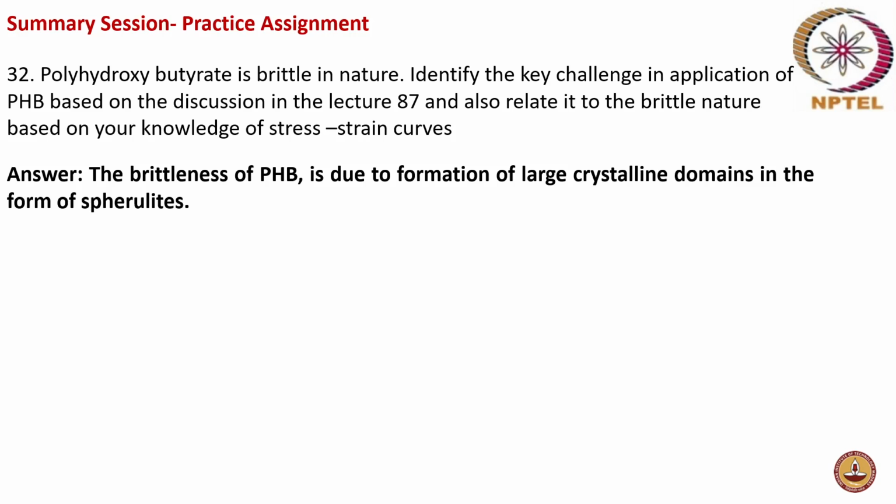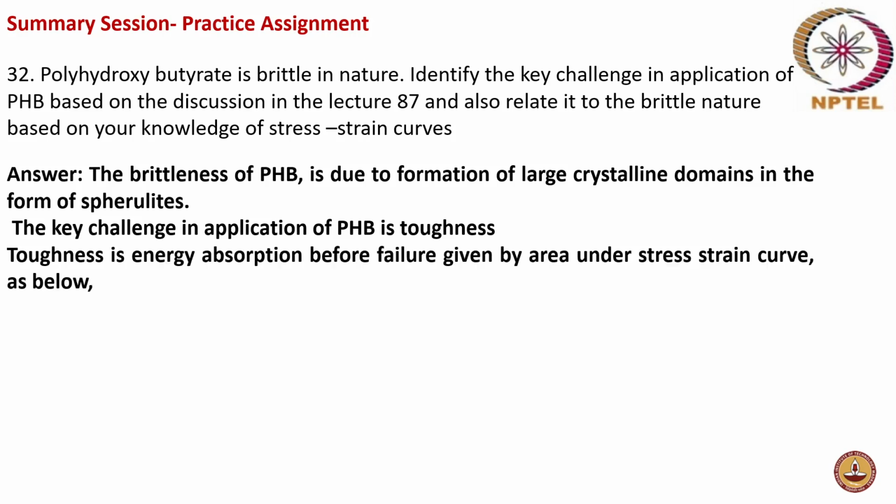The brittleness of polyhydroxybutyrate is because of large crystalline domains in the form of spherulites in PHB. The key challenge in polyhydroxybutyrate is transparency and toughness. Toughness is the energy absorbed before failure, given by the area under the stress strain curve.